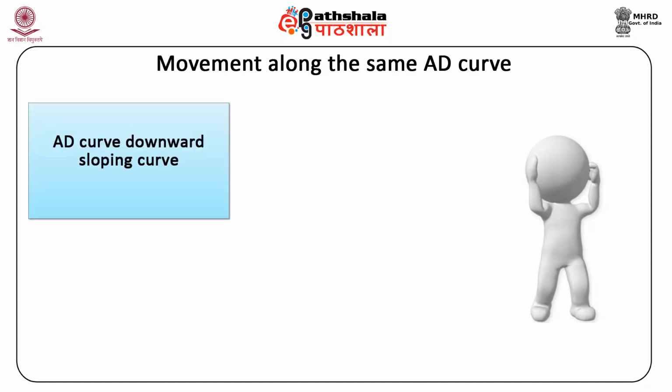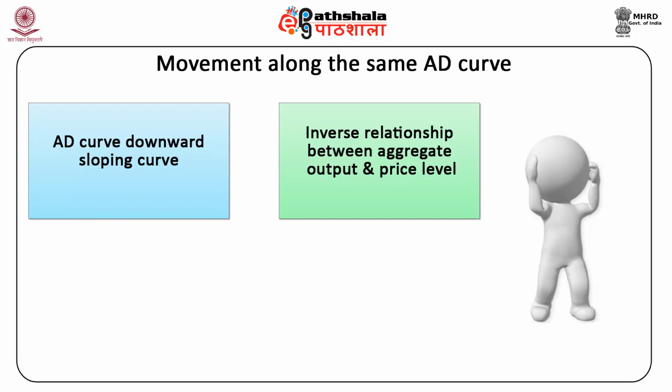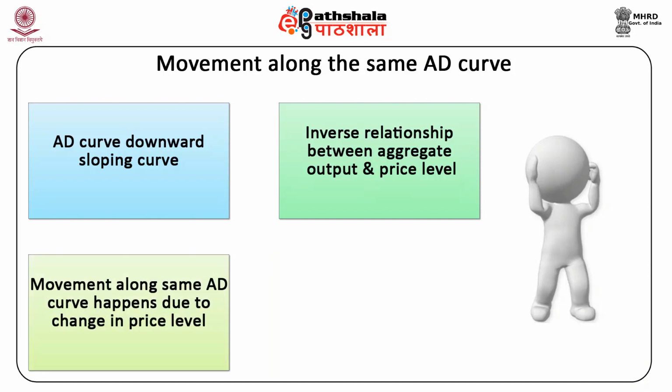Movement along the same aggregate demand curve. Graphically, the aggregate demand curve is a downward sloping curve showing an inverse relationship between aggregate output or income and price level in the economy. Movement along the same aggregate demand curve happens due to the change in the price level in the economy.